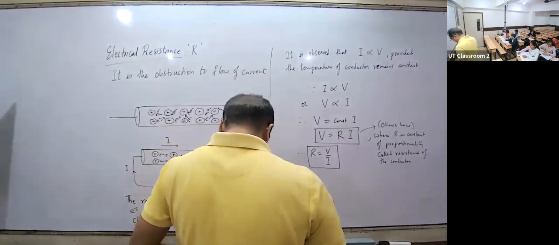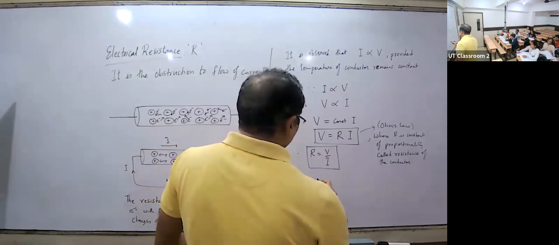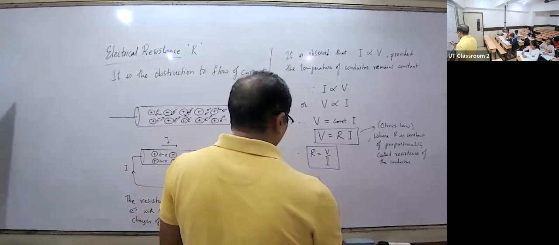What is the unit of resistance? The unit of resistance is ohm.